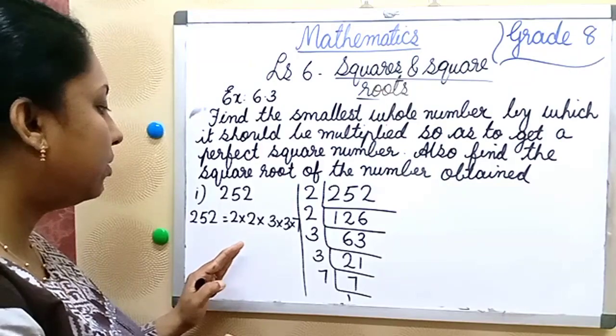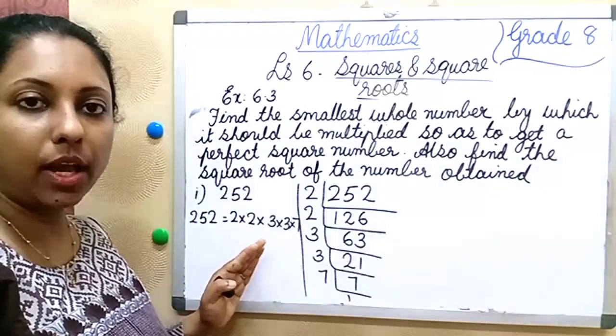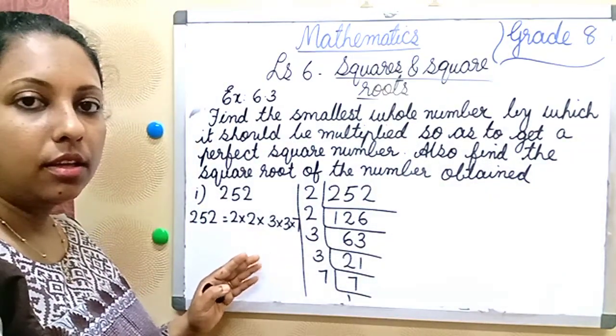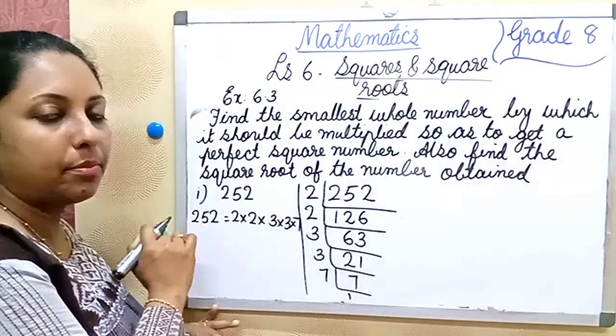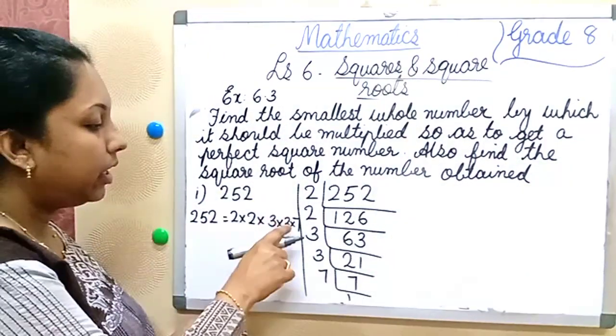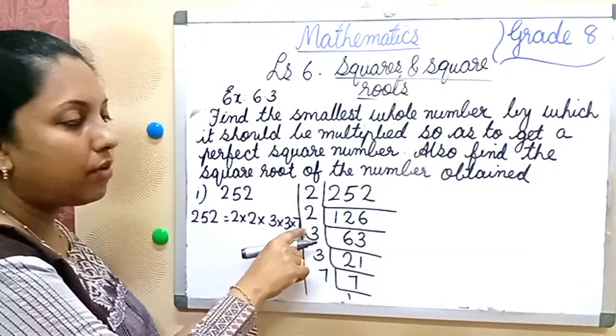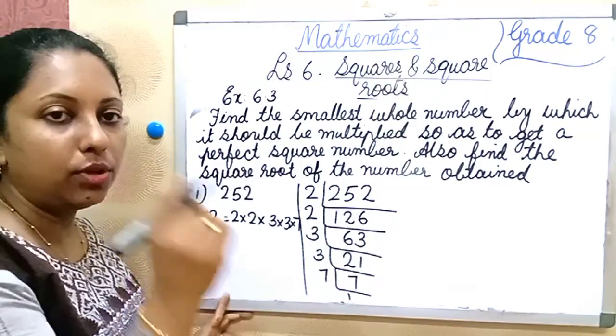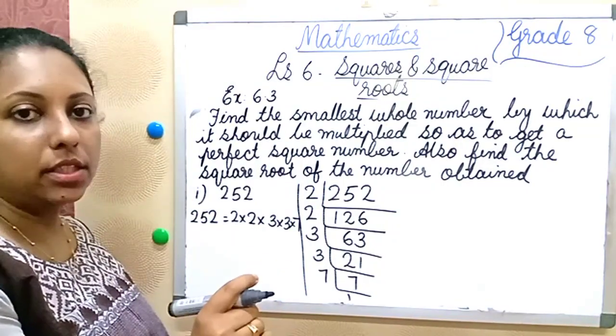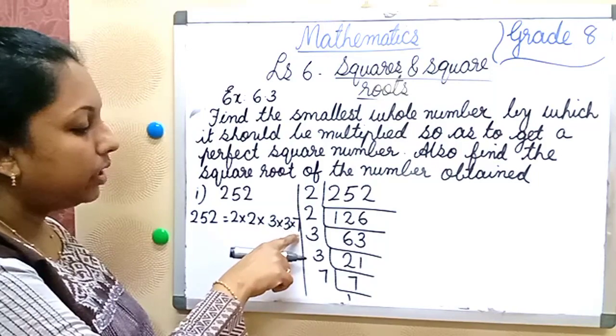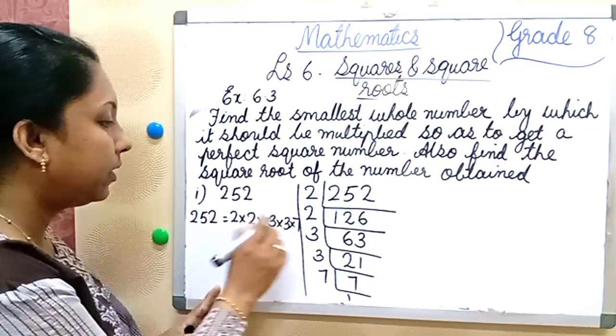So which number should we multiply so as to get this number as a perfect square? If one more 7 is there, then the new number will become a perfect square. So what we have to multiply here? 7.